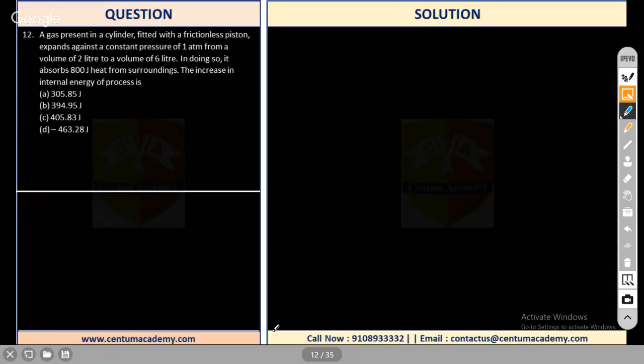Yeah, you can take that approximation. Option B you are getting, right? Okay, see, option B is correct. B is the right answer.